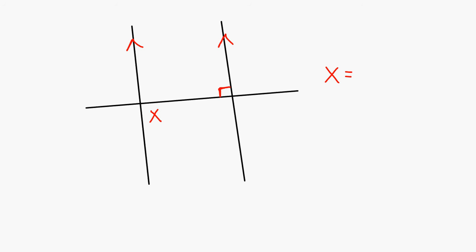Do you guys remember what this symbol means? It means 90 degrees, doesn't it? So if that angle is 90 degrees, what's x equal to? 90. Those are alternate interior angles, aren't they? So they're congruent. 90 degrees. All right. Yeah, that little half a box there means 90 degrees.